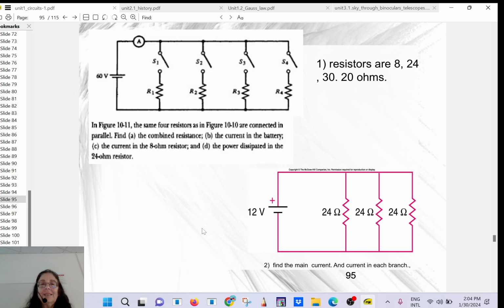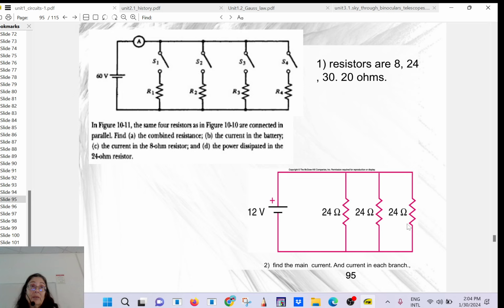So we were doing a parallel circuit. This one is easy because these are called branches. You have one intersection here, one intersection there. If you have 3 branches and they all have the same load, all you have to do is 24 divided by 3.